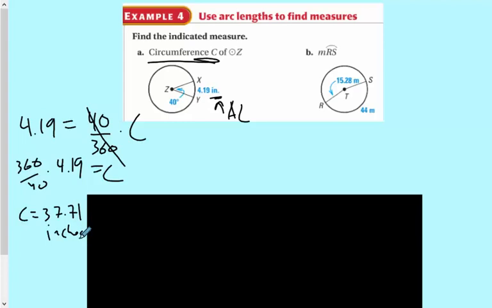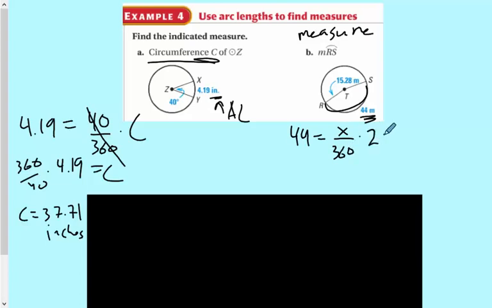Okay, here we're looking for the measure of the arc. So we're trying to find the arc measure, so the answer is going to be in degrees. RS, so RS. Now they tell me the arc length there, that's 44. So 44 equals x divided by 360, because I'm looking for the arc measure now. Normally they give us that, but they haven't in this.